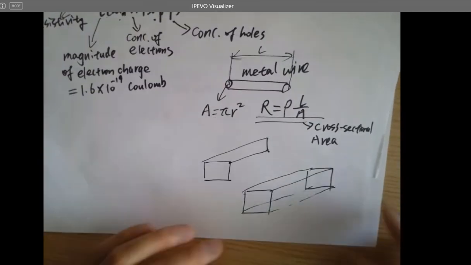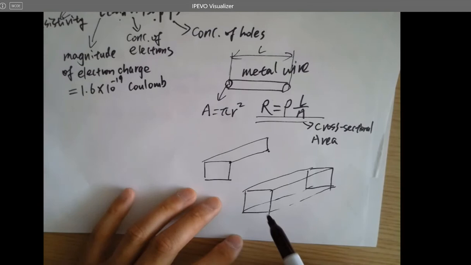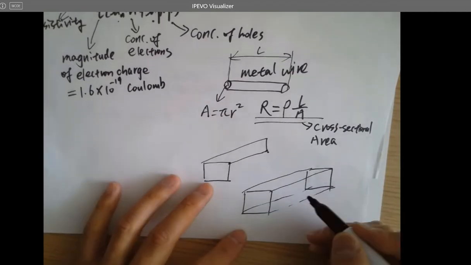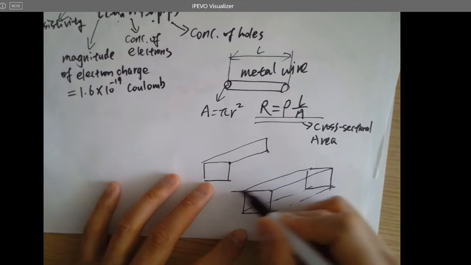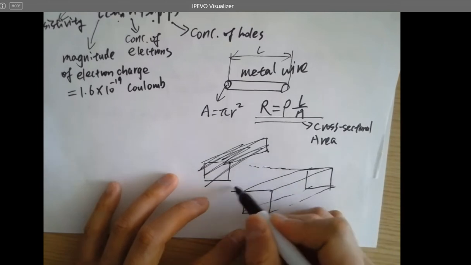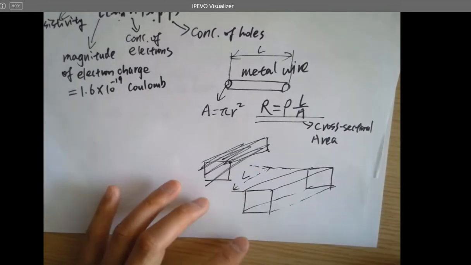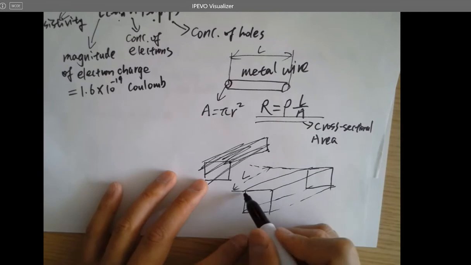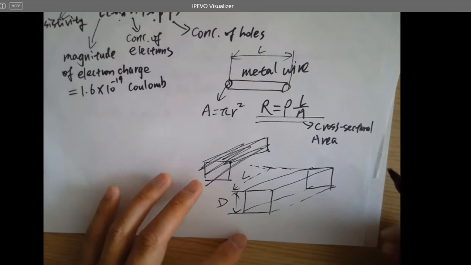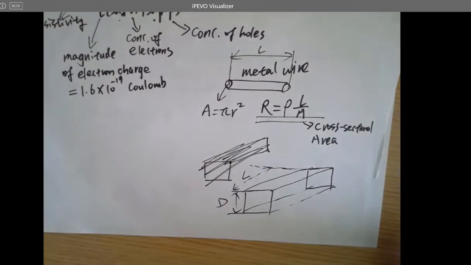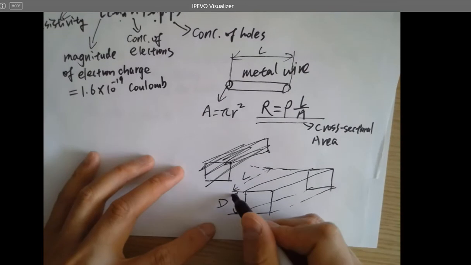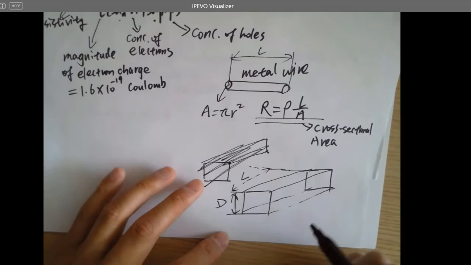So for example, this is the N well being doped into the P substrate, and this is the length. Ignore this. So this is the length of the N well, and what is this parameter here? The depth, which you don't actually care about because you cannot change it. In a specific foundry process, they cannot change the depth. It's going to dope a specific depth of the N well into the P substrate.